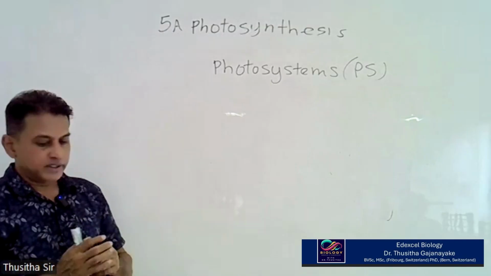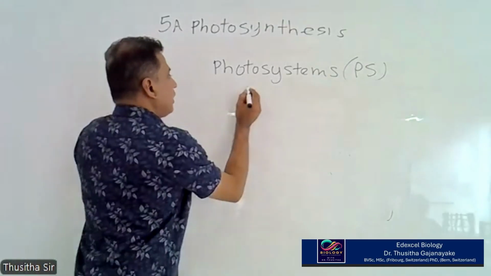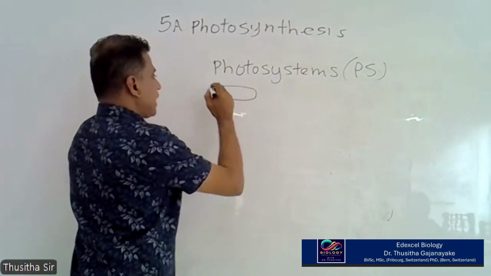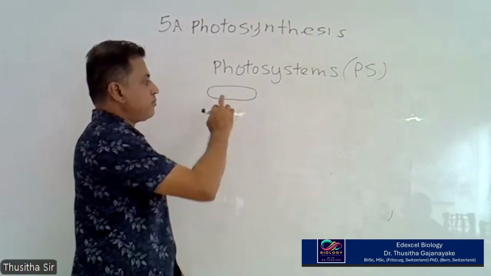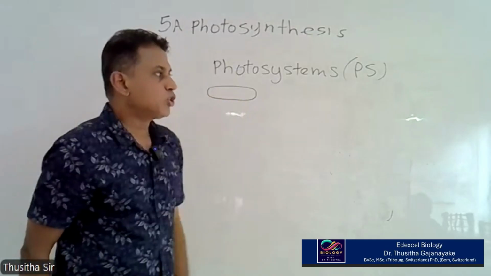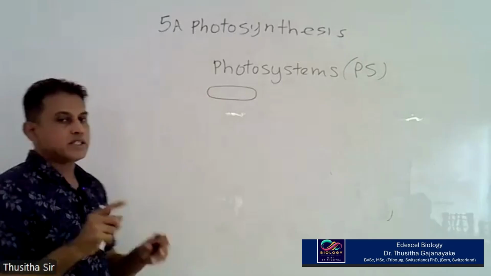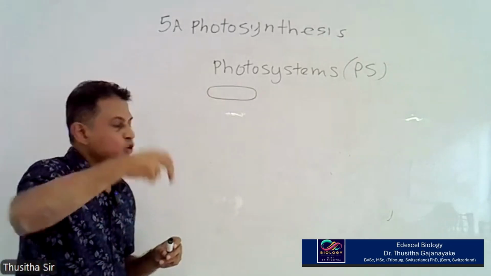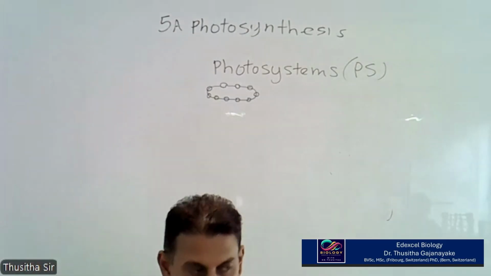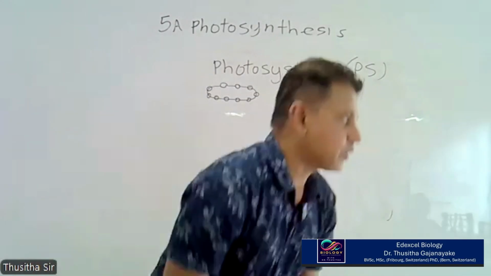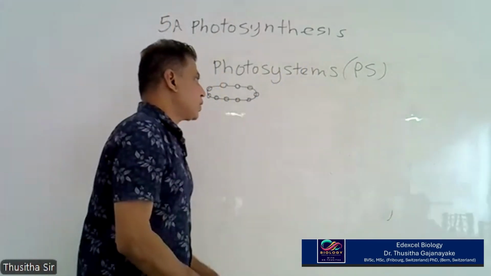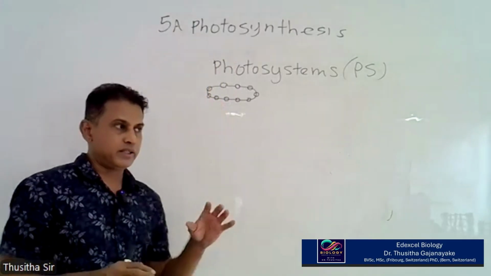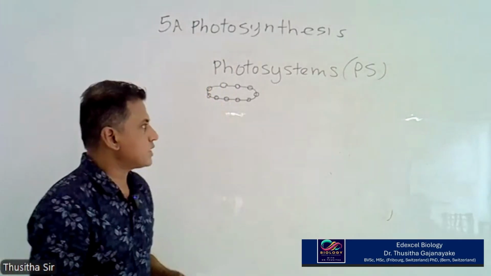So where can we find them? I just draw a thylakoid. This is the thylakoid membrane, and this thylakoid membrane is just like a normal cell membrane, and in this membrane we can find different photosystems. Okay, let's continue with the last part. If you remember the cell membrane, we can find channel proteins and carrier proteins.